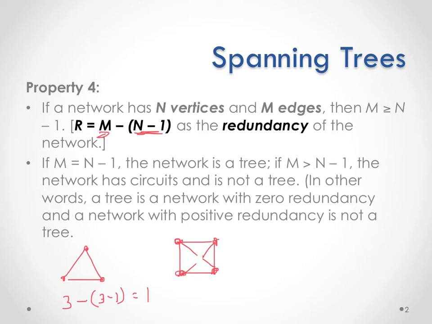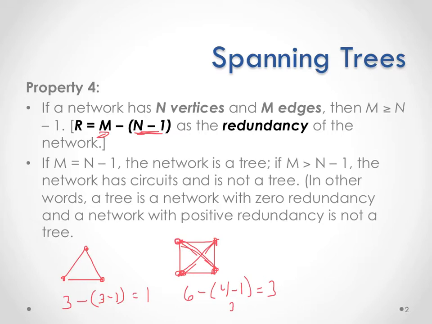Actually, this is not the complete graph of 4, is it? This is the complete graph of 4. There are 1, 2, 3, 4, 5, 6 edges, and 4 vertices minus 1, so that's 3. The redundancy is 3, which means that there are 3 extra edges that need to be removed.